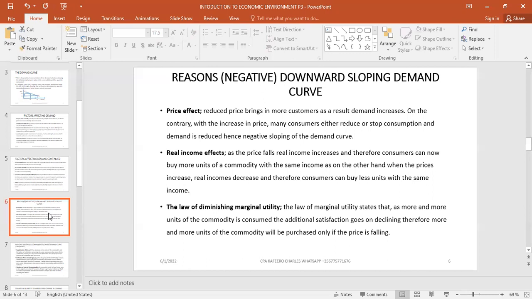And you reach the market, you find that the price for the books has reduced. Instead of costing 5,000, each book is now costing, let's say, 2,500. When the price was high, you were expected to buy only 2 books with the 10,000 you had.